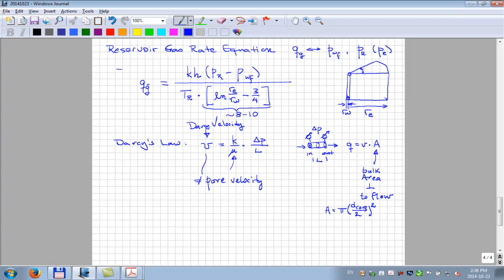Now I'm going to do this magic trick, and I'm going to put P here and say that it's not really pressure, but what we call pseudo pressure.